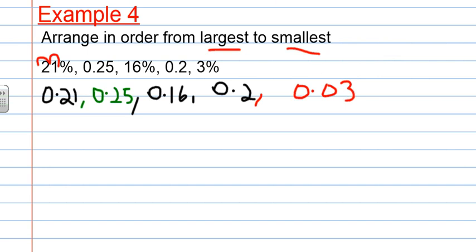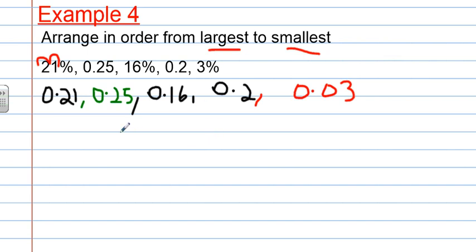Now, what I tend to tell my students is to put them in column method so that the decimal point is in line. It's easier to see that way. I know some of you can see it straight away. But for those of you not sure, I'm going to show you how to put it in column method.